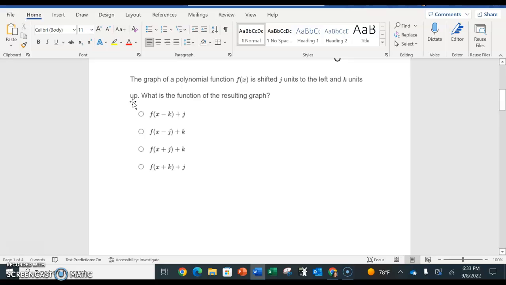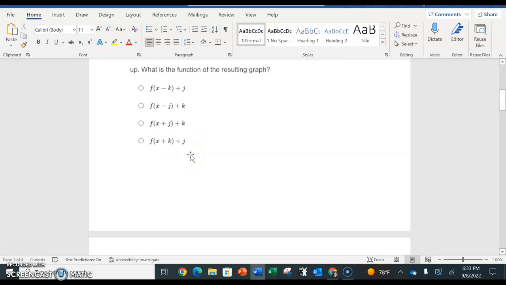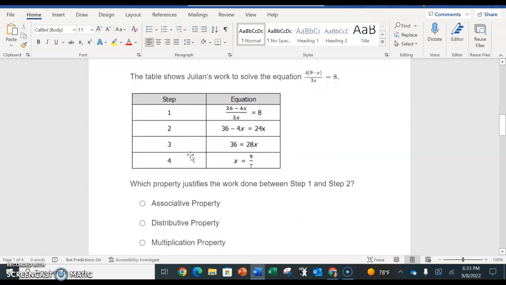So up would be plus as well. So it looks like f of x plus j plus k. So the third answer, or C, would be the correct answer here. Again, remember, inside the parentheses, the sign is opposite of what you kind of expect, and the k value is the same as what you would expect.